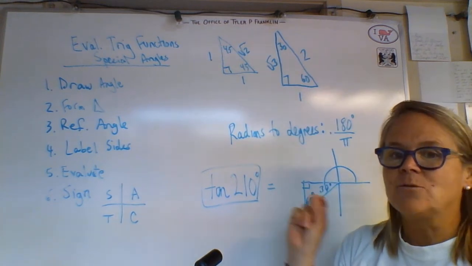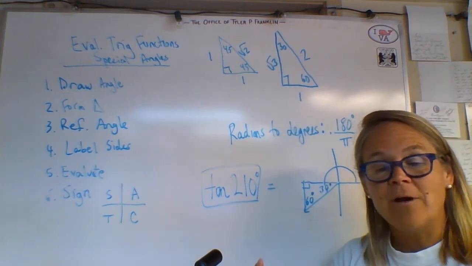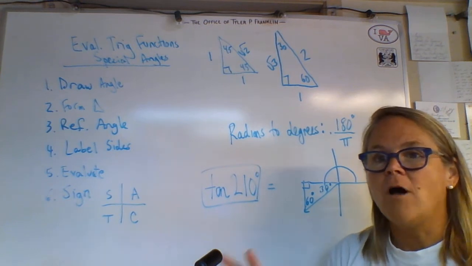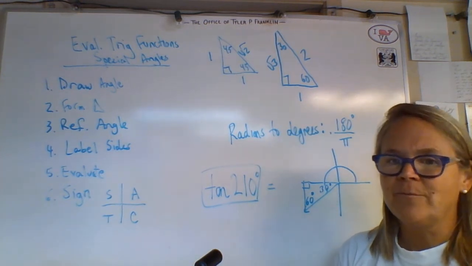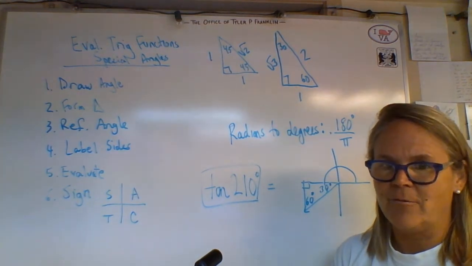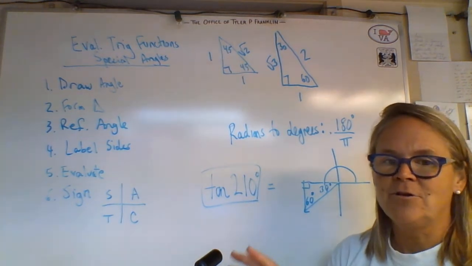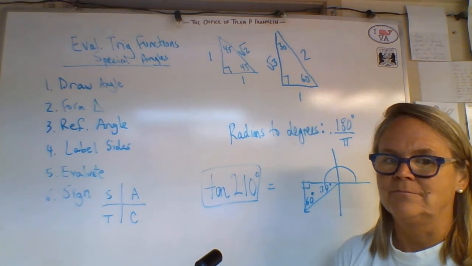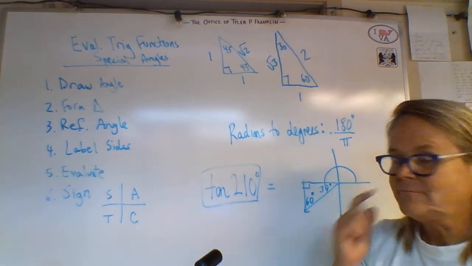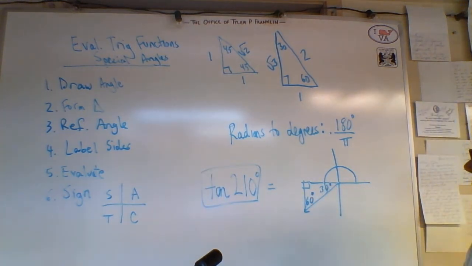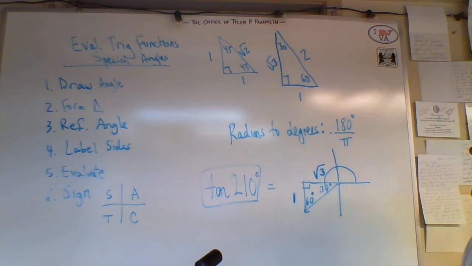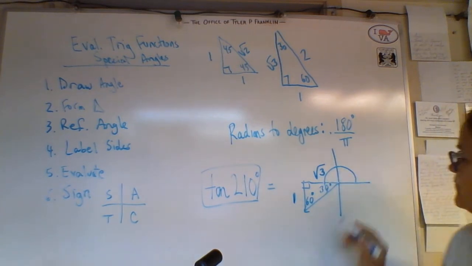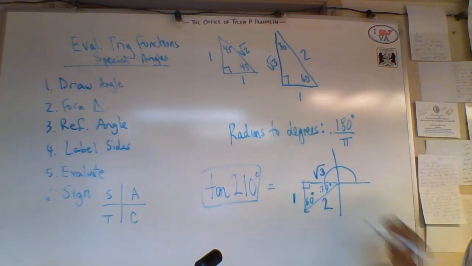We make x 1. In your head, you want to think, okay, across from a 30 is 1. Across from a 60 is square root of 3. Hypotenuse is 2. So I label. Across from a 30 is 1. Across from a 60 is square root of 3. Hypotenuse 2.